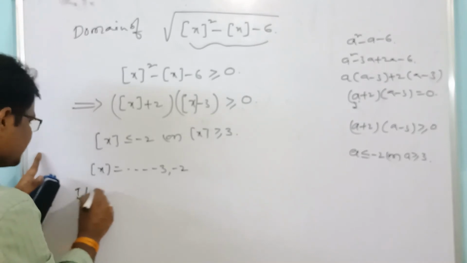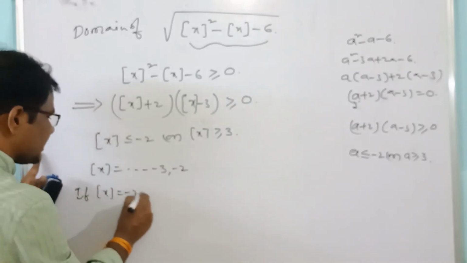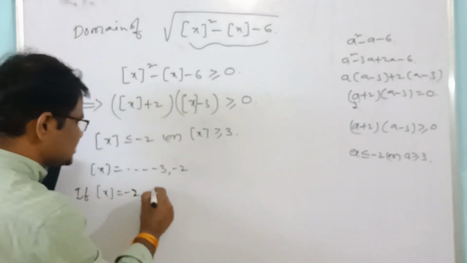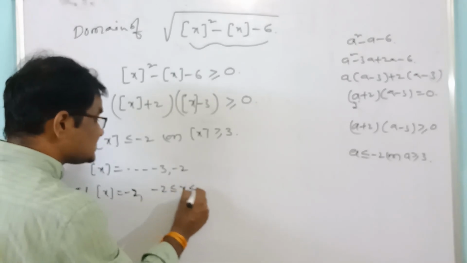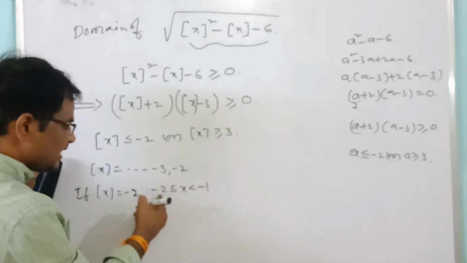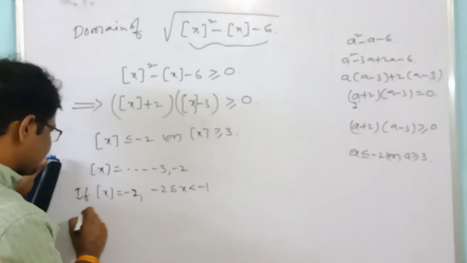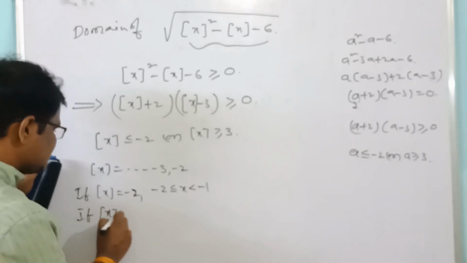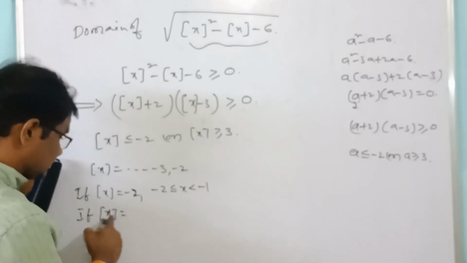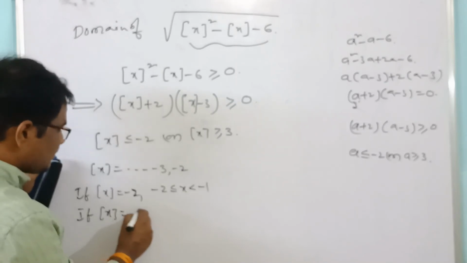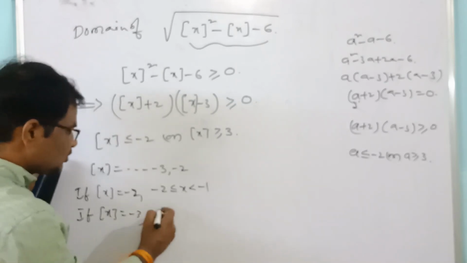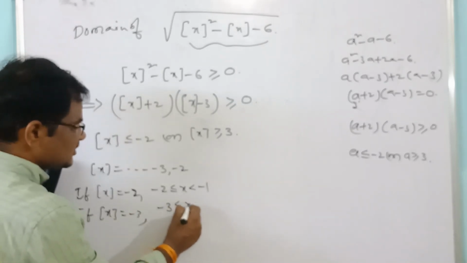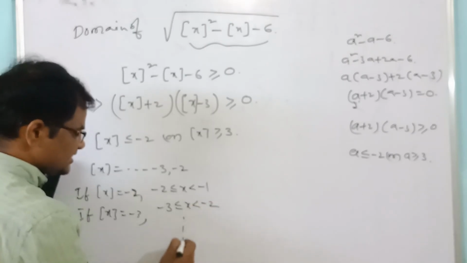If [x] equals -2, what condition can we take? -2 less than or equal to x less than -1. Next, if [x] equals -3, how to write it? -3 less than or equal to x less than -2, etc.